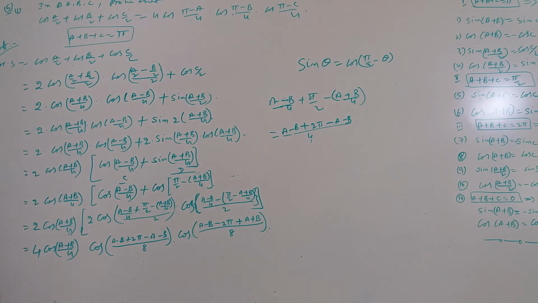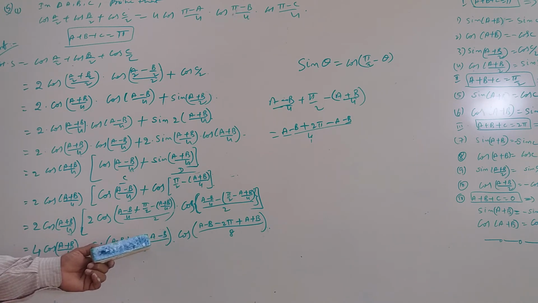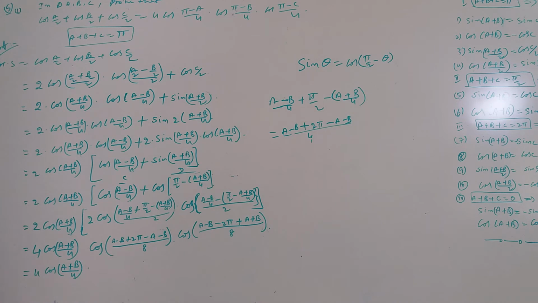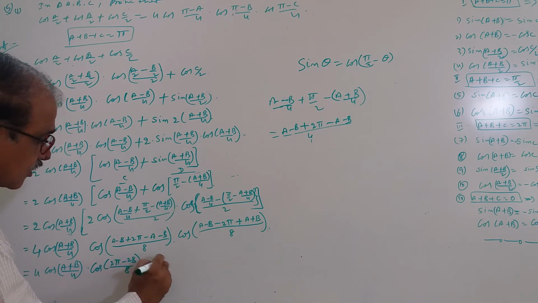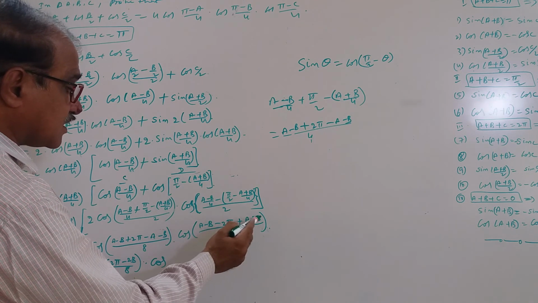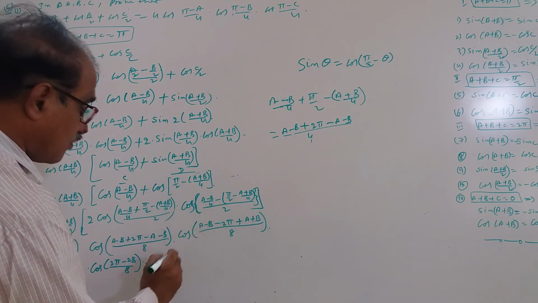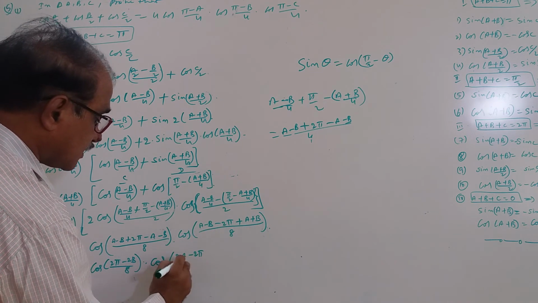Now that is equal to 4 cos (A plus B) by 4 into, the simplification of this is B gets cancelled, A gets cancelled, cos of (2 pi minus 2B) by 8 into, again here B gets cancelled, so 2A minus 2 pi by 8.